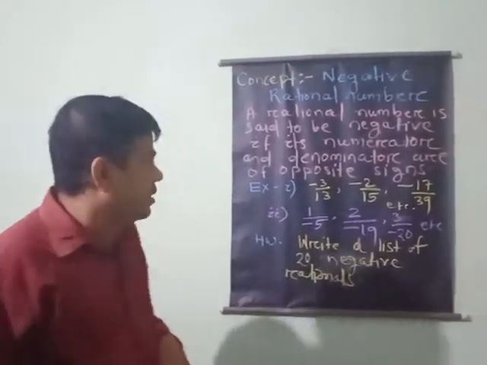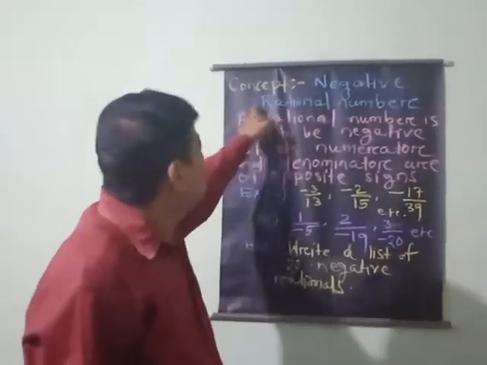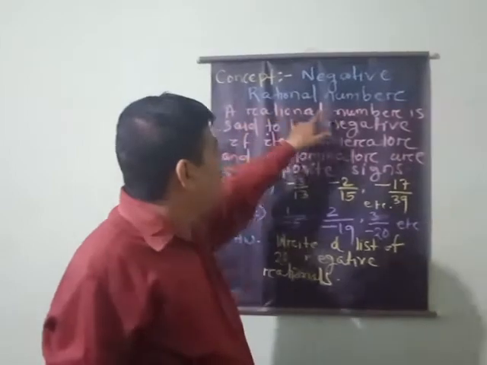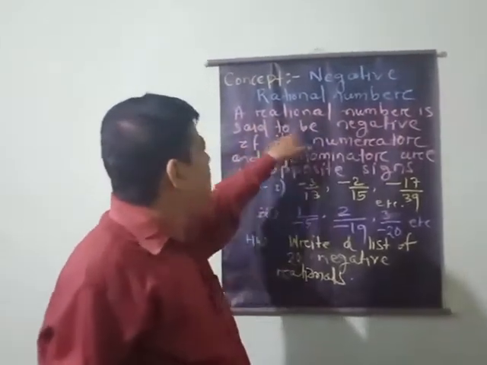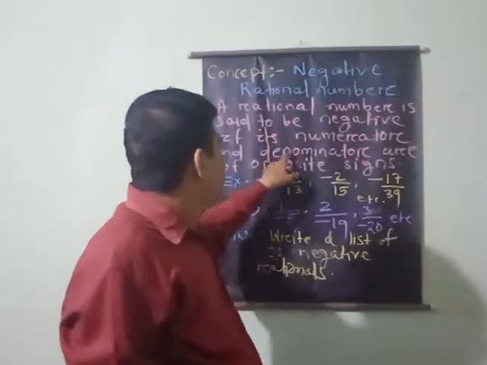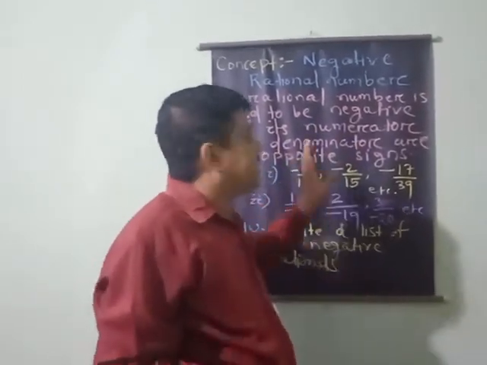Okay, let us come to the class. Here it is written: negative rational number. A rational number is said to be negative if its numerator and denominator are of opposite sign.